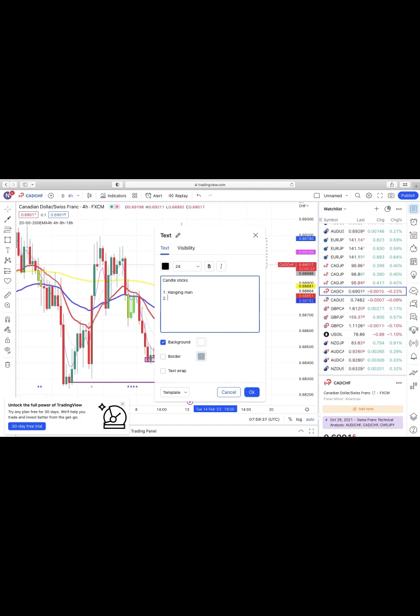It indicates a significant sell off during the day. It shows that the market will be selling, a strong sell during the day. That one is the hanging man. The next candle that confirms a sell in the market is the shooting star.